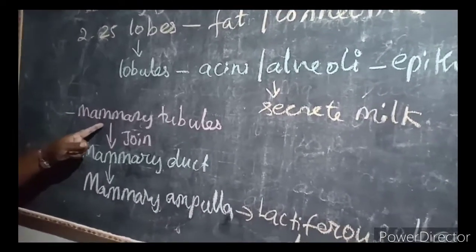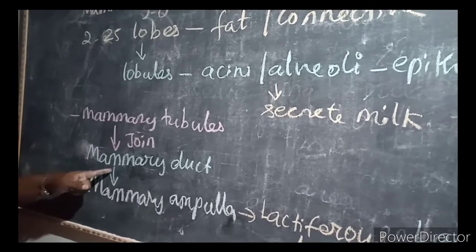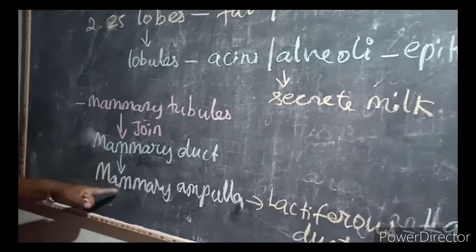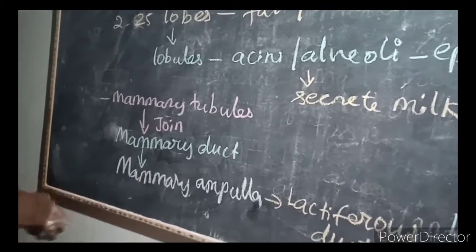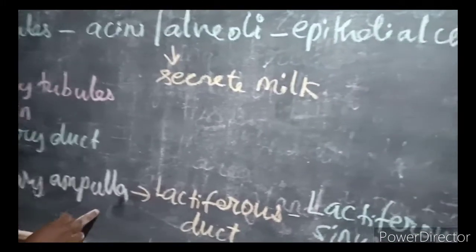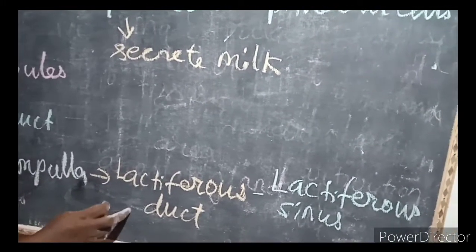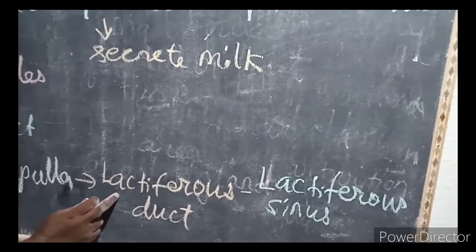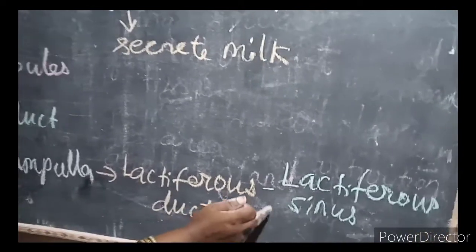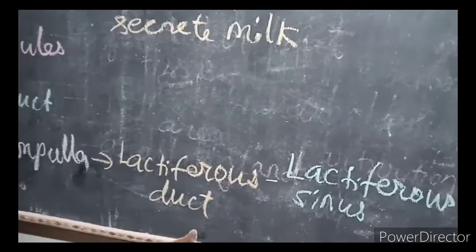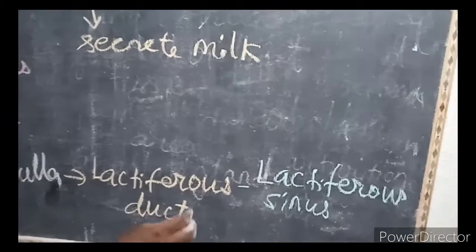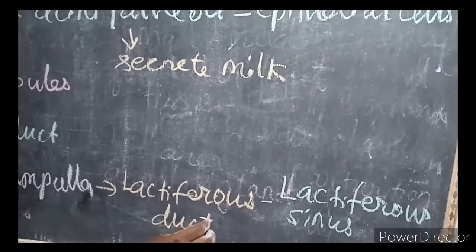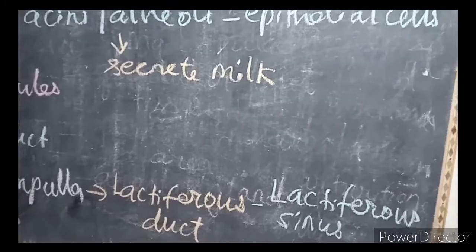These join to form a mammary duct. This joins to form a mammary ampulla. Then the ampulla extends to form a lactiferous duct. This lactiferous duct extends to form a lactiferous sinus, which acts as a reservoir of milk, and opens separately into the nipple to secrete the milk.